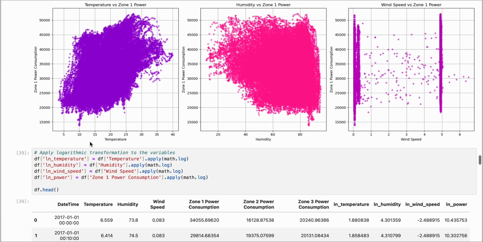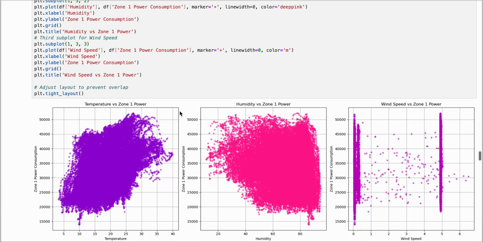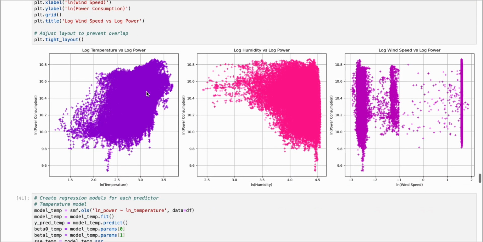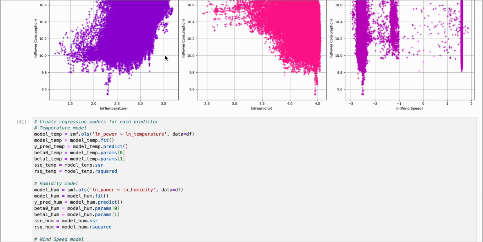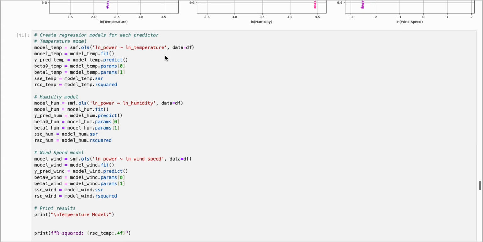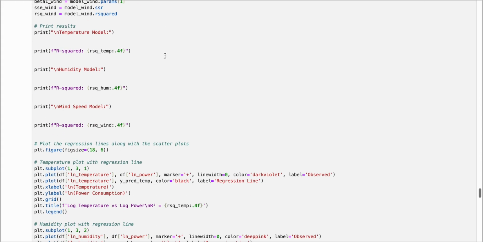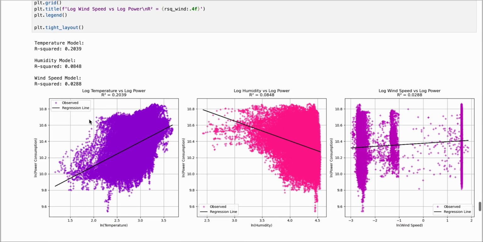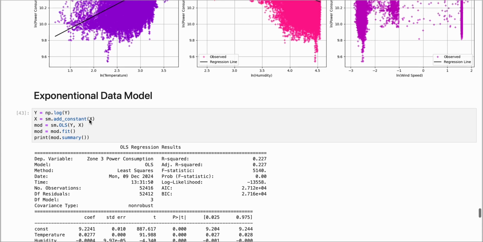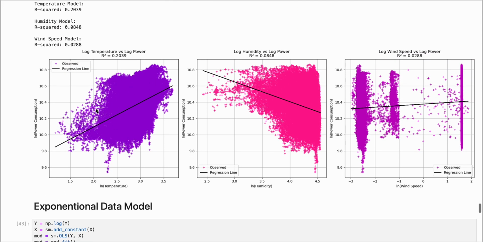We did this for zone 1. We did our temperature versus zone 1, and then our temperature versus log power, just to see what we could predict. And then for our power law model, our R-squared is 0.20, which isn't bad. Like I said, we notice our temperature is always our highest value.